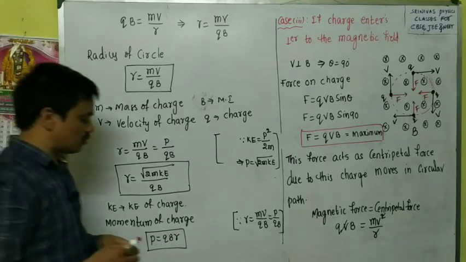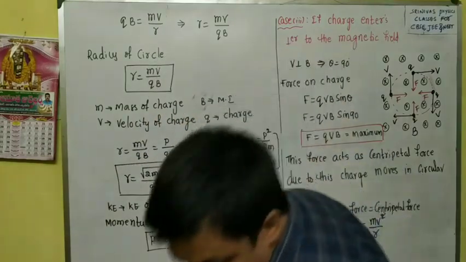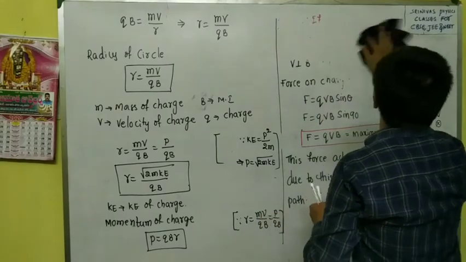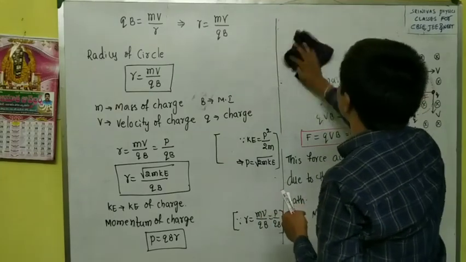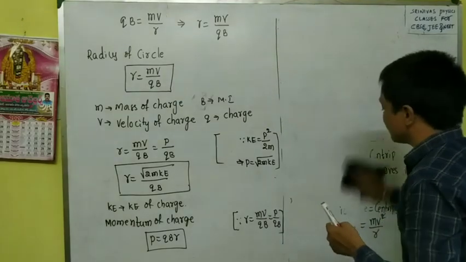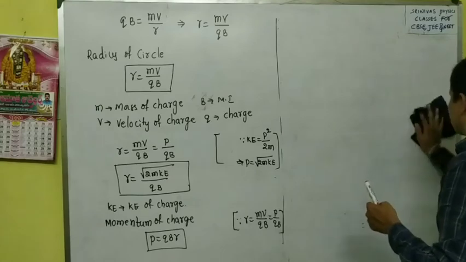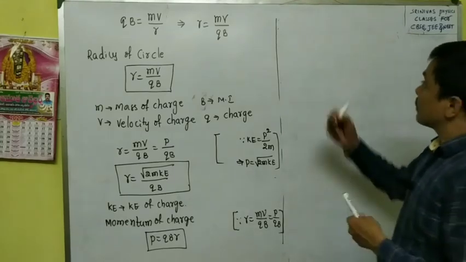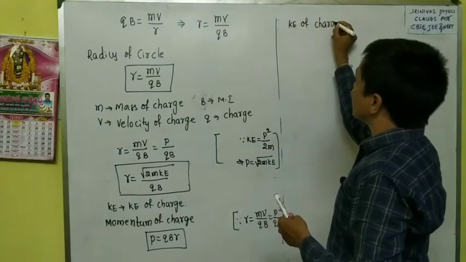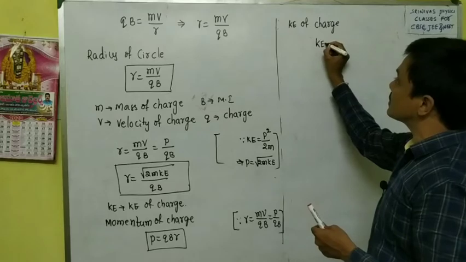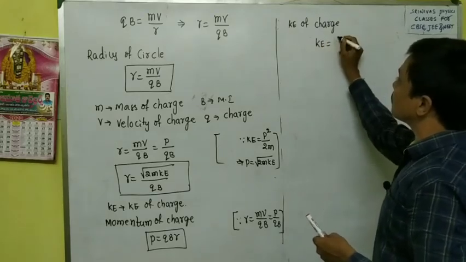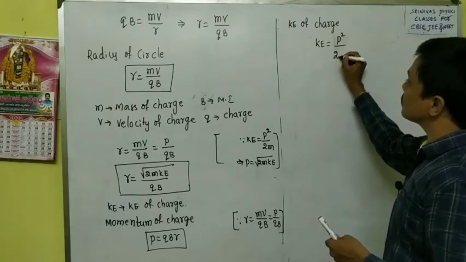Next I am going to derive one more formula, that is the kinetic energy of charged particles, in terms of momentum. We know the relation between kinetic energy and momentum: K is equal to p square by 2m. We write K as half mv square, or otherwise p square by 2m.